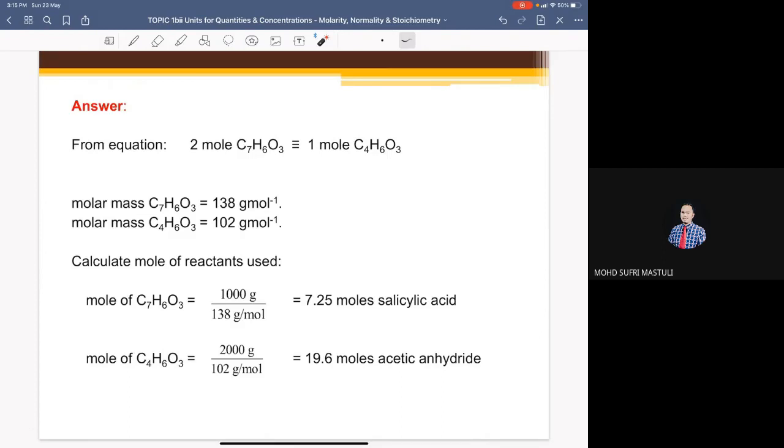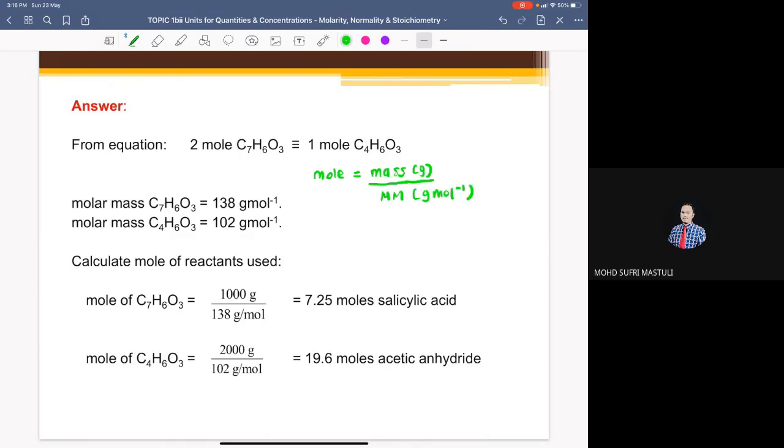Okay, the mole number of C7H6O3 is mass over molar mass. You still remember? The mass should be in gram and molar mass in gram per mole.